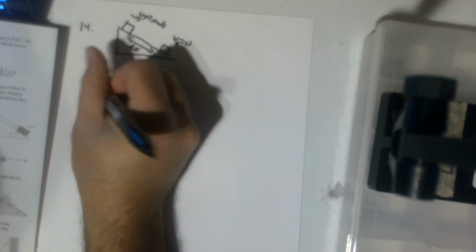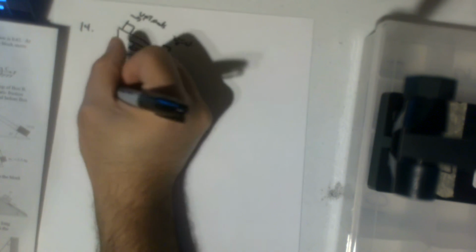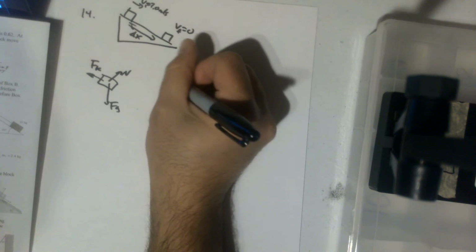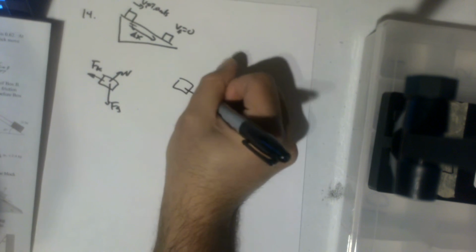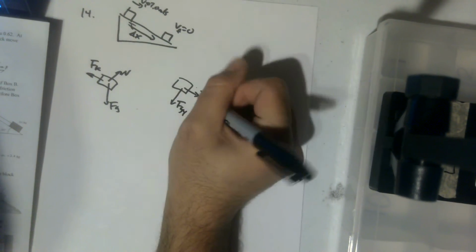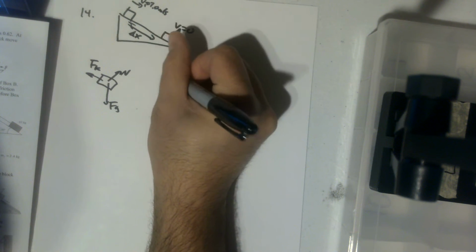So if we look at the forces aspect of it, we're seeing that, well, it's moving down the incline, so the force of kinetic friction would be that way. There's gravity, there's normal force. There's our three forces, and we have them in raw form right now. I want my gravity in the components, so let's turn gravity into FGX, FGY. Let's leave FK alone, let's leave N alone.